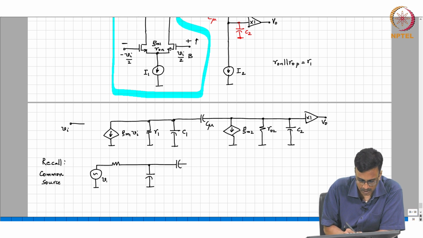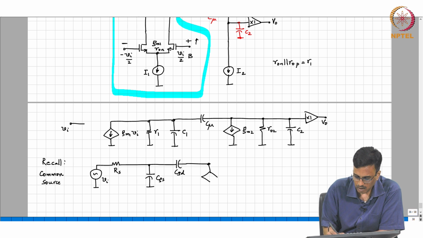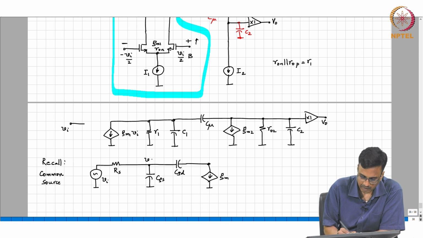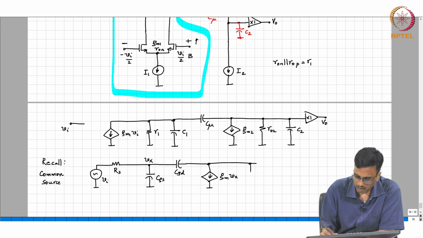This is Vi, this is Rs, this was CGS, CGD, this was GM Vx, and this was RL, I think, and CDB.